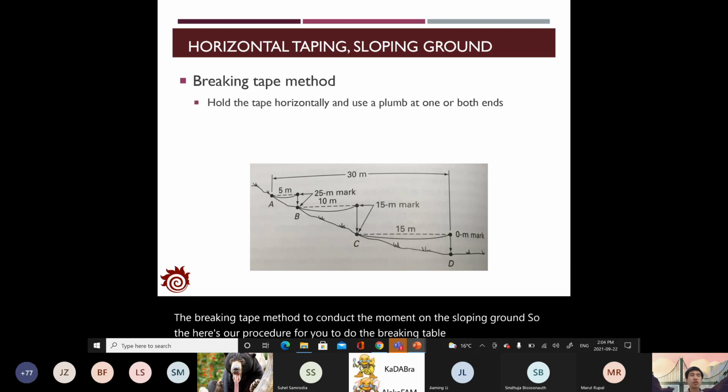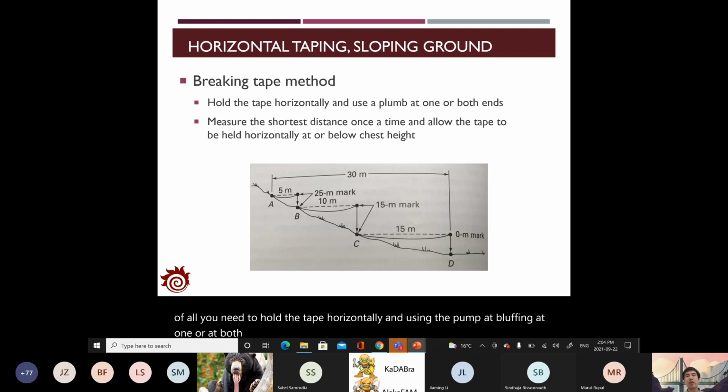First of all, you need to hold the tape horizontally and use the plumb bob at one or both ends. Then you measure the shortest distance one section at a time between these two locations, and you try your best to hold the tape horizontally.